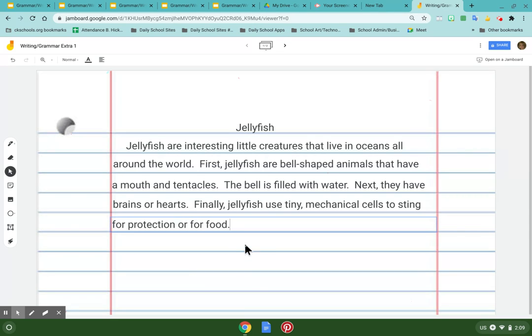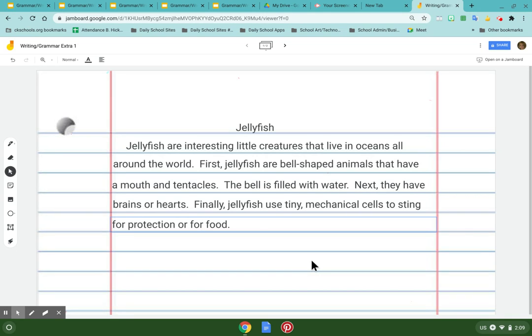Okay, now let me read that because I don't know if I like that. Finally, jellyfish use tiny mechanical cells to sting for protection or for food. That's good. I like that. So now pause the video, restart it when you're done, and write that.